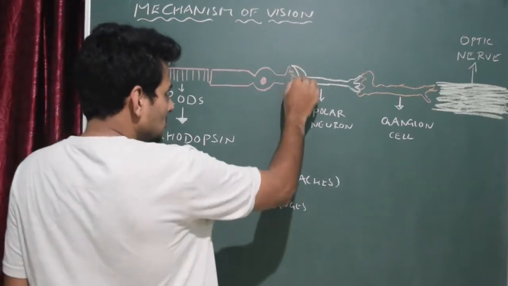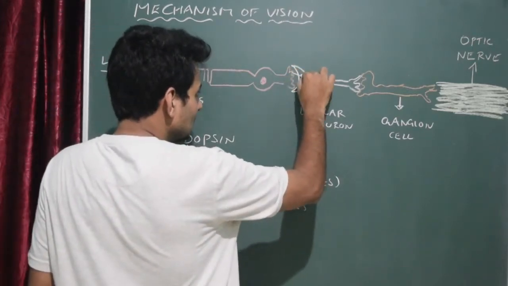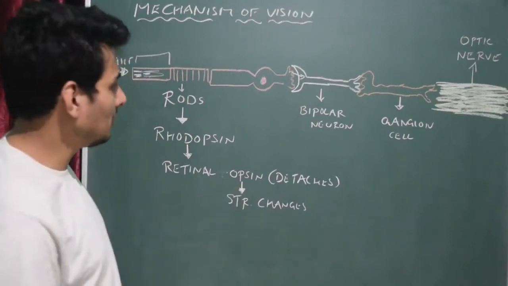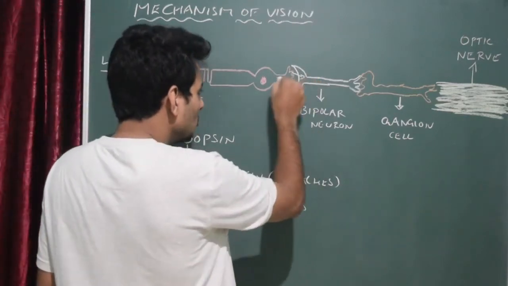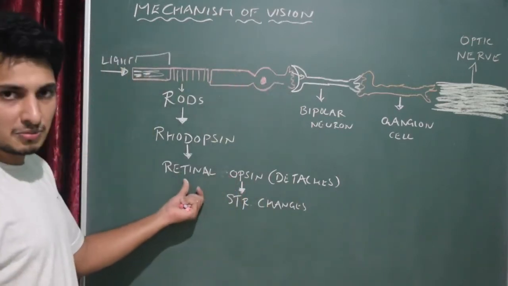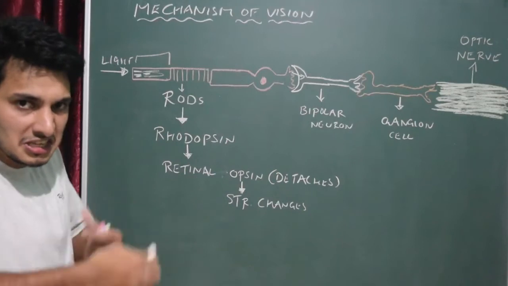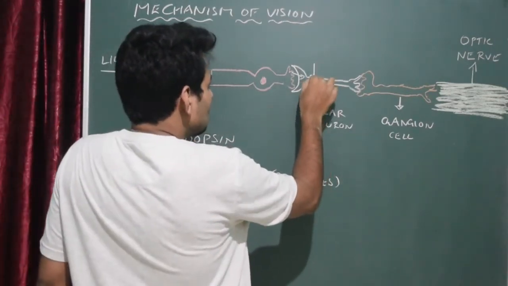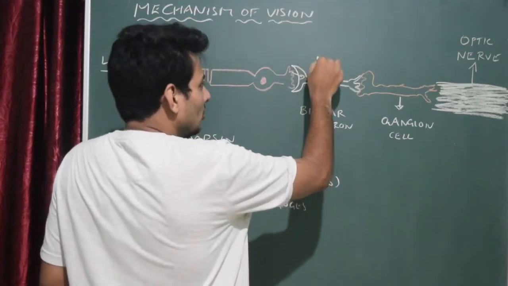Okay, when the structure is changed, obviously here this is the second layer cell, right? The inner layer, the middle one actually, that is the bipolar neuron. In the bipolar neuron, due to the change in the structure of this particular cell, because the opsin is detaching from the retinal and changing its structure, depolarization of this bipolar neuron is caused. Okay, what is depolarization?